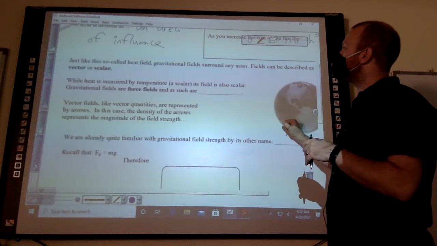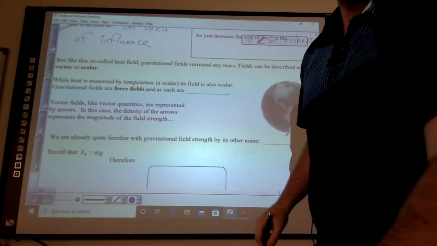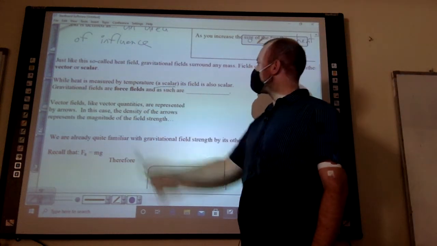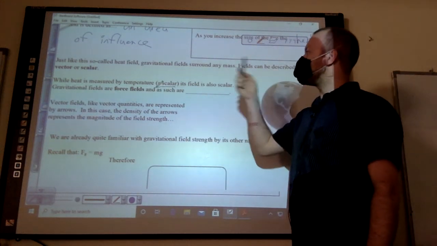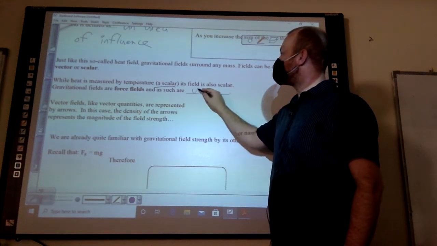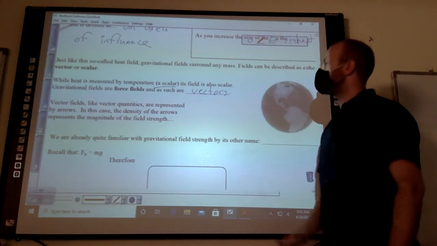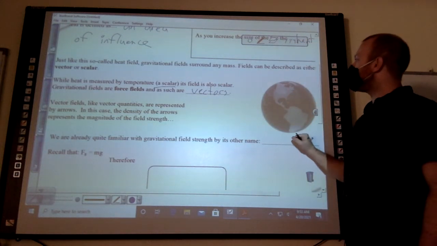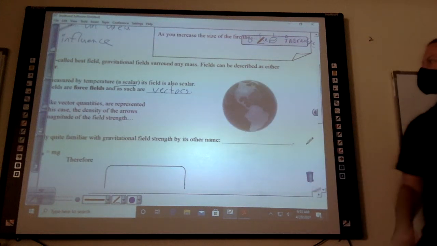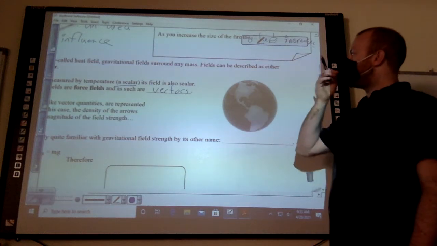A field is going to be described as either vector or scalar. Heat will be measured by temperature, so that one's a scalar, whereas gravitational force fields are vectors. So direction matters, and we can draw these vectors as arrows. If I wanted to look around the Earth and see its gravitational field, gravity always pulls.